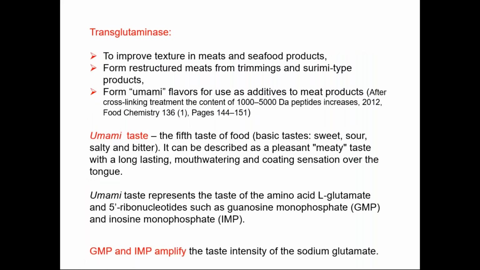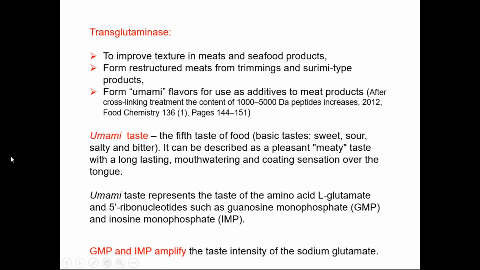The enzyme transglutaminase is used to restructure the protein. So it is used in making surimi type of products with the trimmings where the proteins are cross-linked. Enzymes are also used to produce the umami taste. That is, the glutamic acid is there, which gives it the umami taste or the meaty flavor.